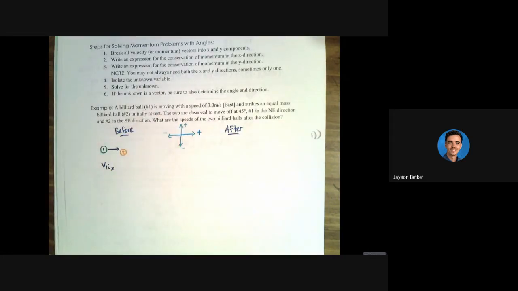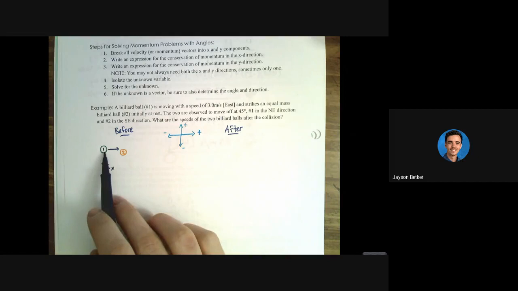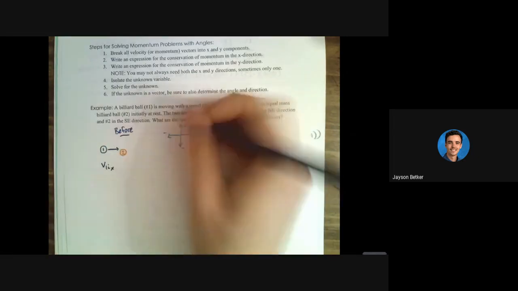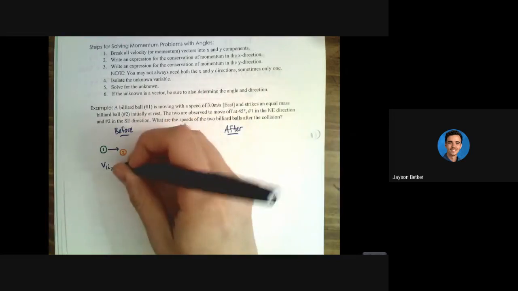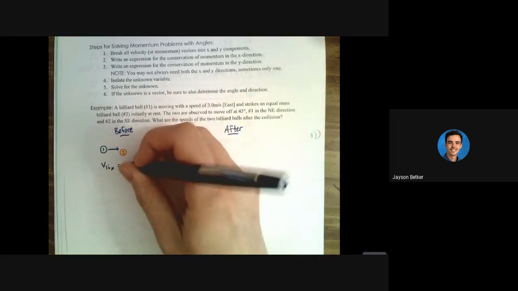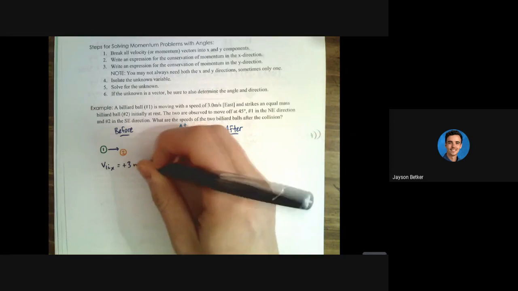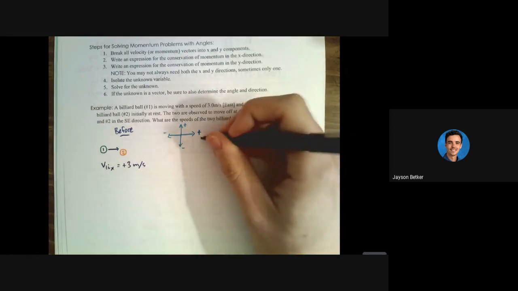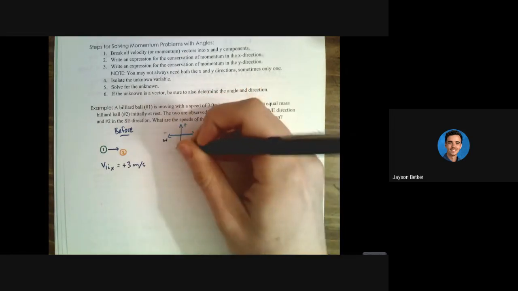So all of a sudden we have a scenario where we have 3 subscripts going on. All this means is that it's the velocity of billiard ball number 1 initially in the x direction. And we know that in the question it tells us that it's 3 meters per second. So I'm going to actually just put positive 3 meters per second because it's moving east. Maybe I'll add my directions here.